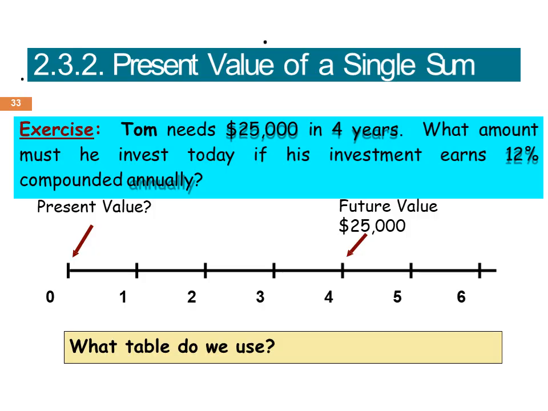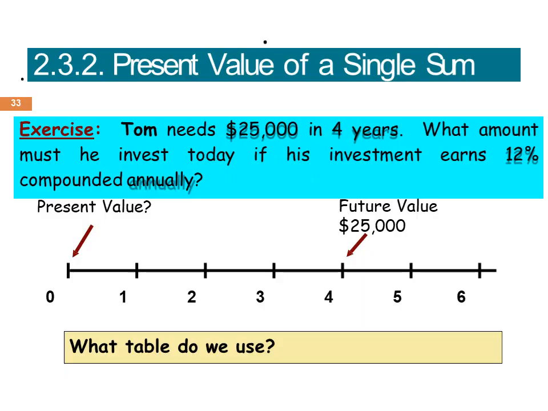This 25,000 will be earned at the end of 4 years. But today, what amount of money, whether dollar, euro, other currency or birr, should Tom invest? This is the present value. This is the future value.